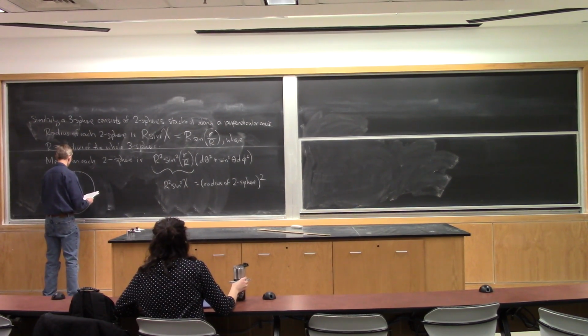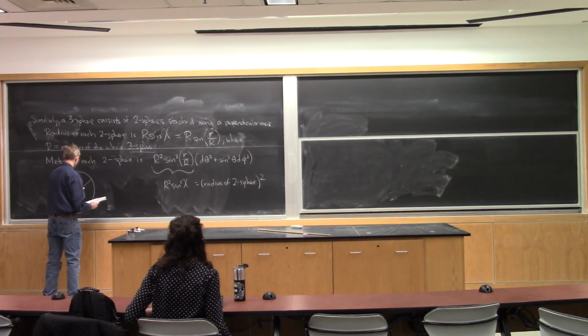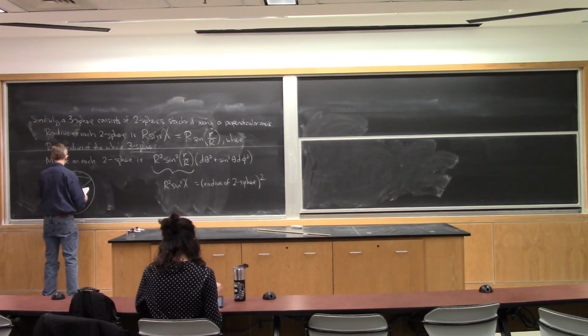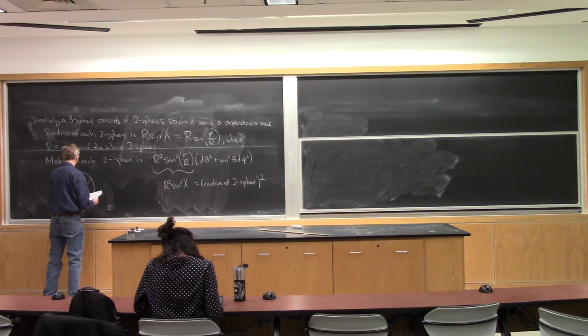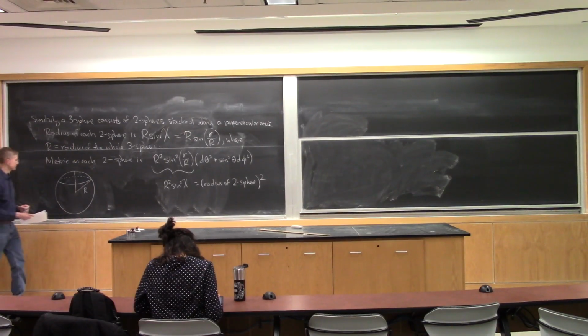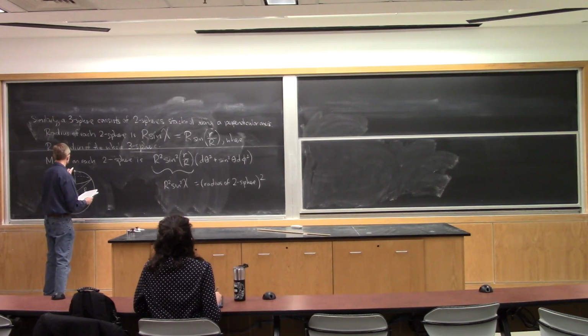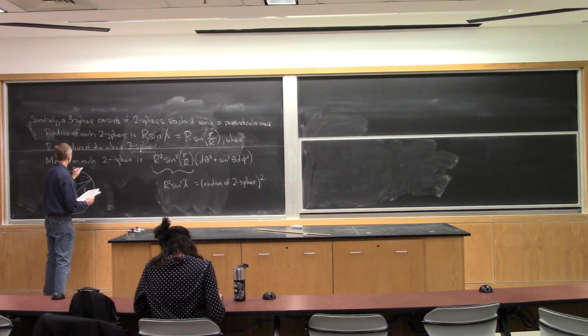And so here is the radius of the two-sphere, and here is one of those one-spheres, one of the circles that we're stacking in order to make it. And here is us at the origin.